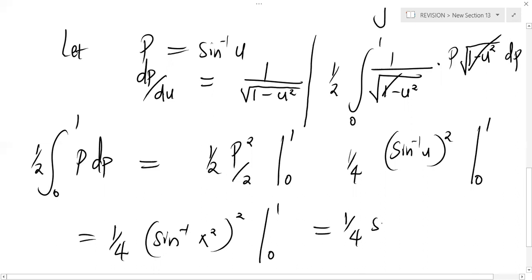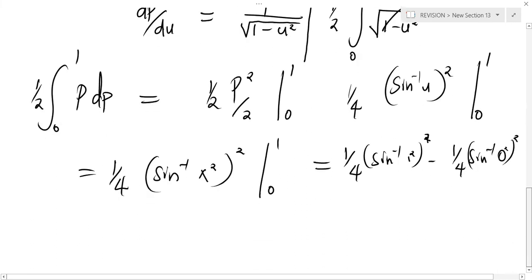So I have a quarter sine inverse of, I put 1 where there's x, 1 squared, minus a quarter sine inverse of 0 squared. And we have squared here. So this is x squared, and then the whole of this is also squared. And this is sine inverse of 0 squared, and then the whole of this is also squared.